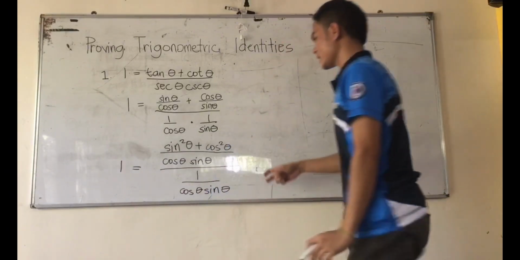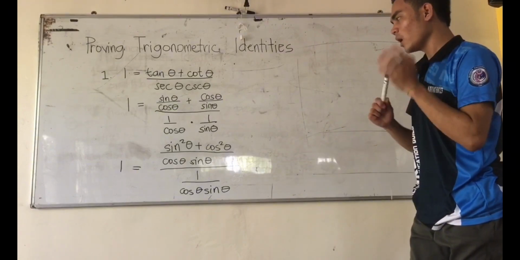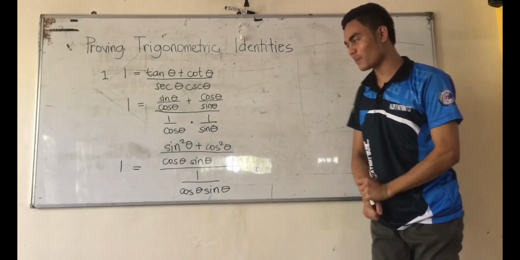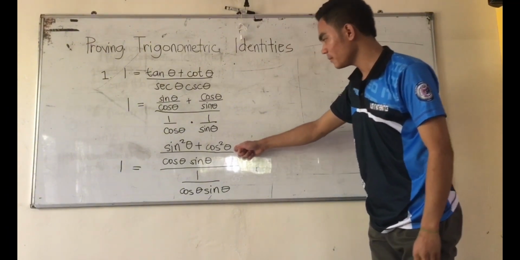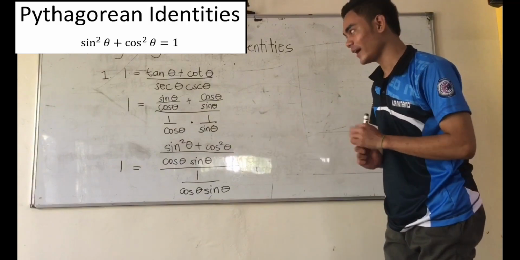So next, we always remember that this form is the Pythagorean identity.